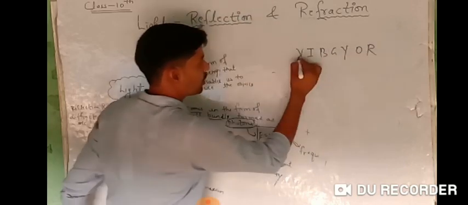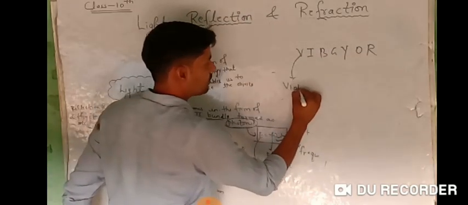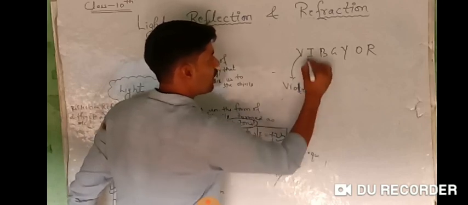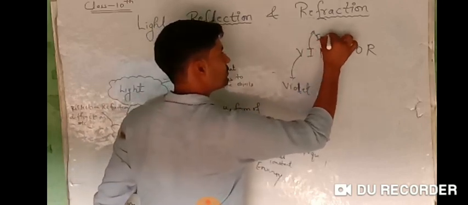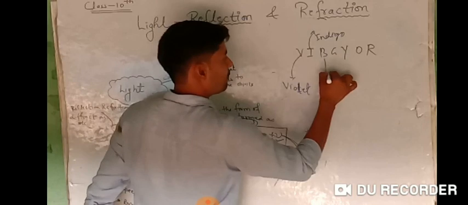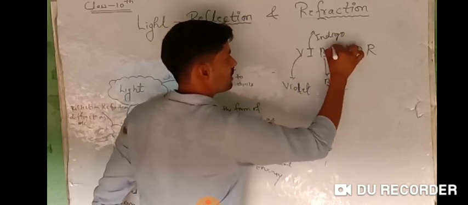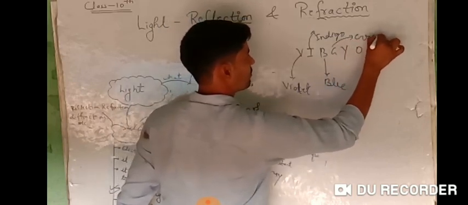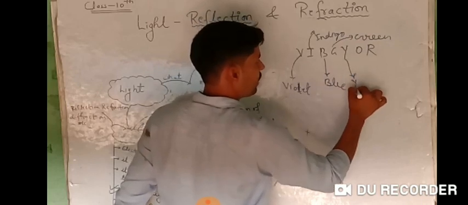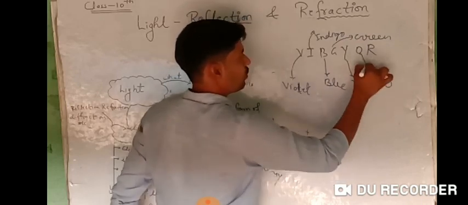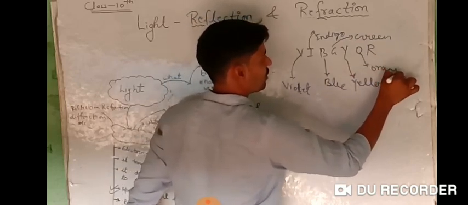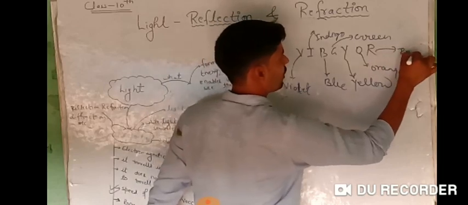Vibgyor means V means violet, I means indigo, B means blue, G for green, and Y stands for yellow, O for orange, and R for red.